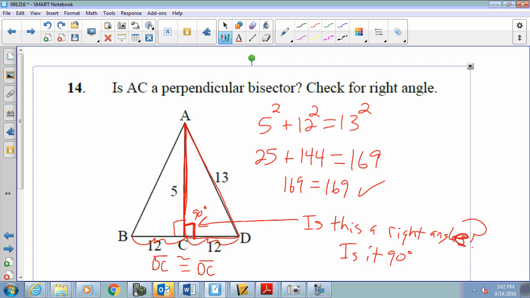That means AC has to be the perpendicular bisector. So yes, AC is the perpendicular bisector of BD.